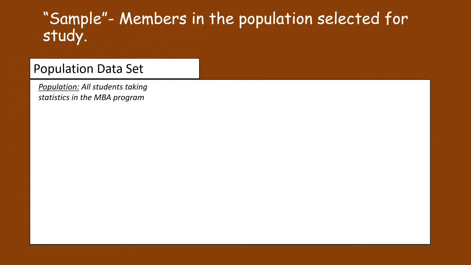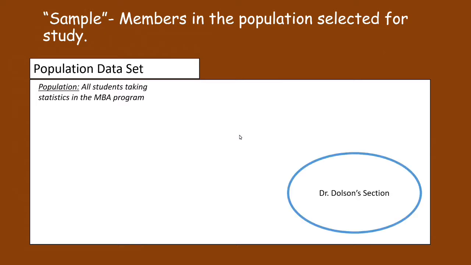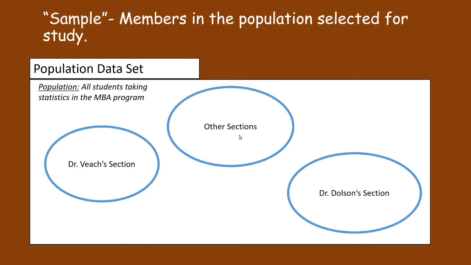Next is our sample. A sample is defined as members in the population that we are selecting for the study. By studying just a sample from the population, we can reduce our sampling cost and data collection time and arrive at conclusions about the population that we can study later on.